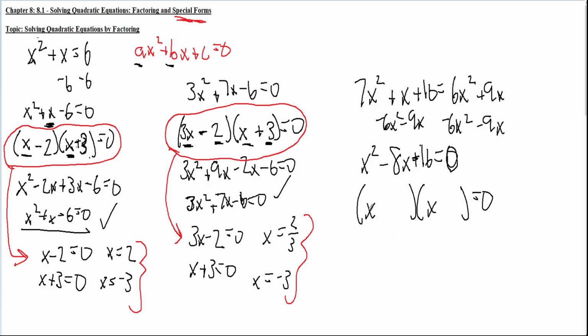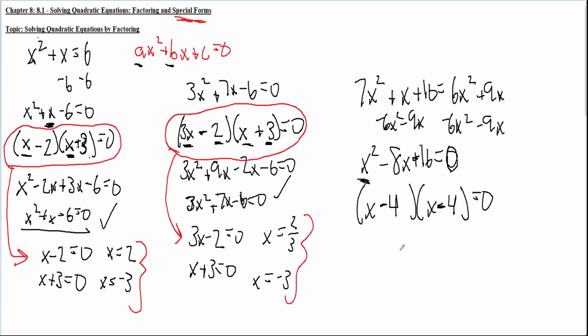So again, x times x will give us x squared, so our first term is satisfied. Then we have to think of the factor pairs for 16, where the two numbers multiply together to give us 16, but when added give us -8. Since our c term is positive, but our b term is negative, that suggests both numbers are negative, and they're actually the same number, which is -4.